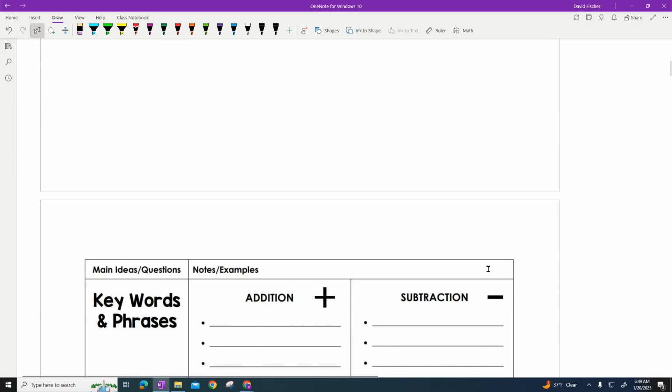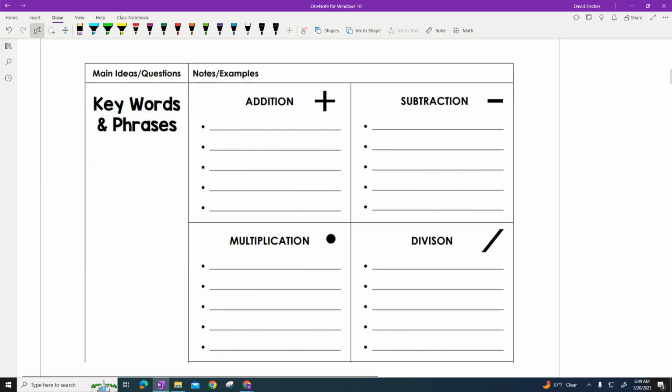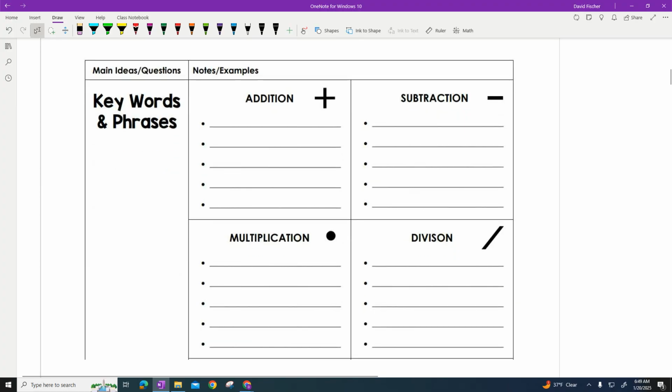We need some key words, and you've done enough math now that you should probably start to have some key words of what addition means. The words that we're going to look for, if I have an addition problem, most of you know some of these words, like the word sum. Sum means add. Most kids can come up with the word total. Obviously there's the word plus.